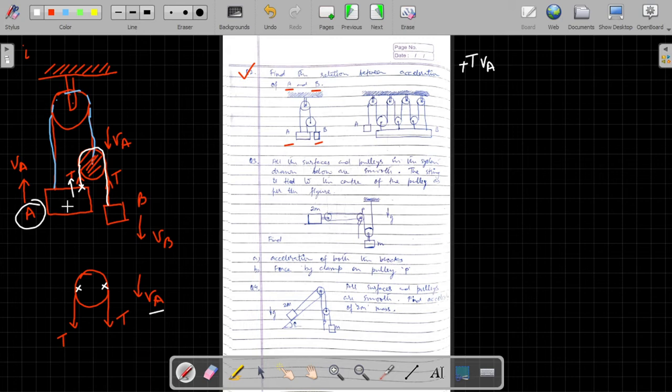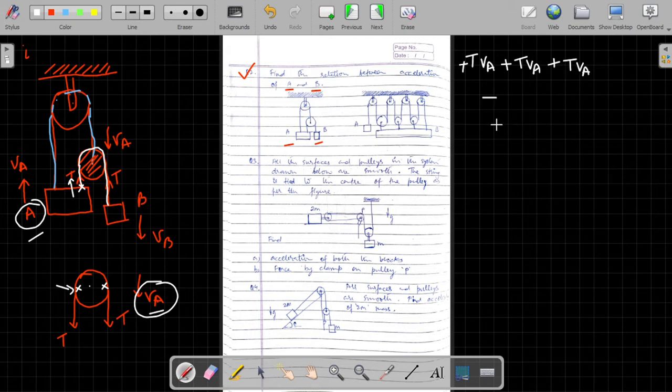If the variable is not defined, you have to define it, which we have already done: that is the velocity of A. Multiplying the tension with the velocity VA, we get the first power delivered. Then this point is going down with the velocity VA again, since the pulley itself is moving down with velocity VA. So for this point, we again write T into VA, paying close attention to the direction of tension and velocity. They are the same, so we can write T into VA easily.